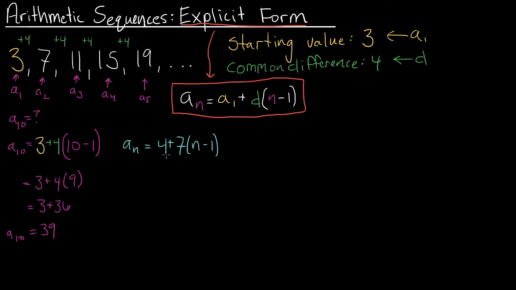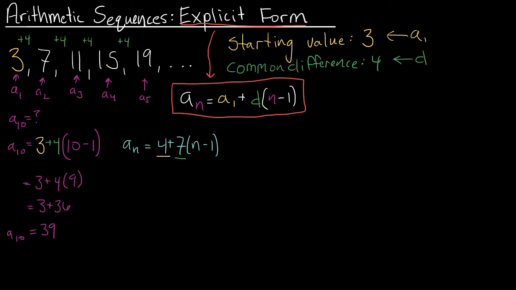My starting value is 4 right here, and my common difference is 7. You'll notice that the 4 isn't multiplied by anything. That's a clue that this is your starting value. The 7 is going to be multiplied by n subtract 1, and that's a clue that the 7 is our common difference.